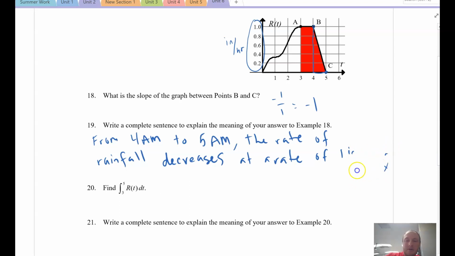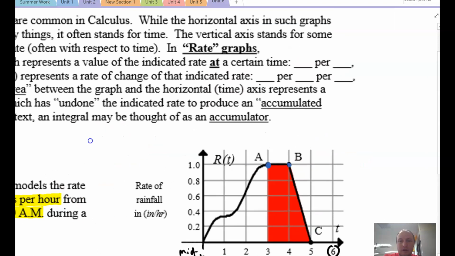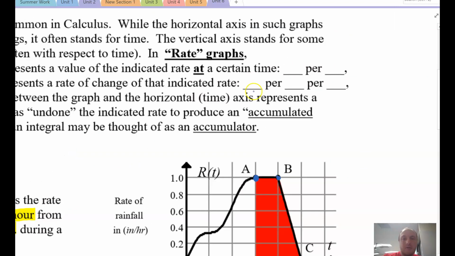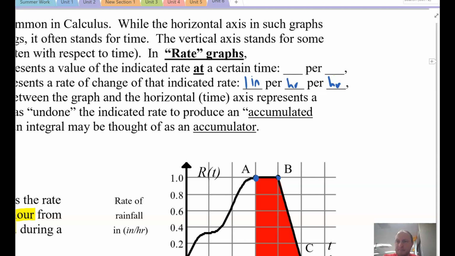You may also see this written as a rate of 1 inch per hour squared. You'll see that. Or if we go back to our notes up here, right? Here, 1 inch per hour per hour. You might also see it written that way as well.